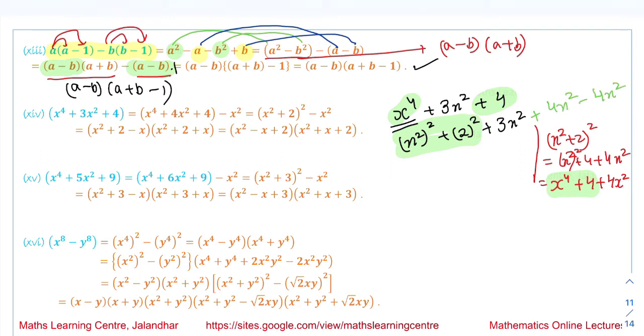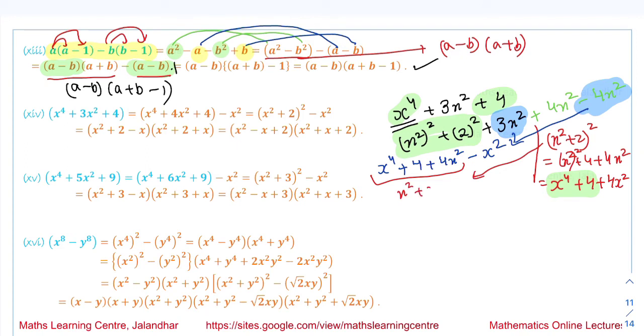So our question will become x raised to the power 4 plus 4 plus 4x square, then minus x square. These two terms, 3x square and minus 4x square, together give us minus of x square.